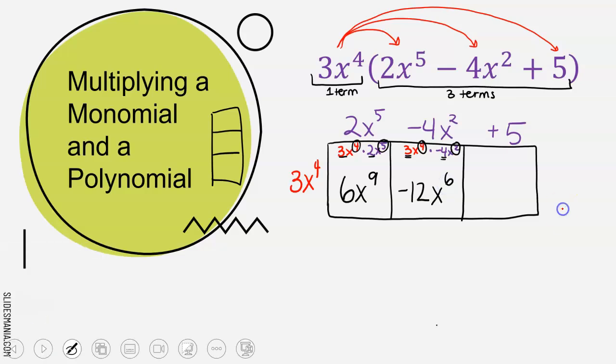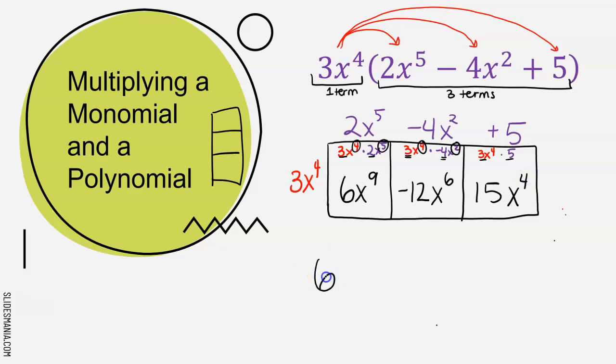In the last box, I have 3x to the fourth, and I'm going to times that with the box right above it, which is 5. I'm going to multiply my numbers, 3 times 5, which is 15, and then I just have that x to the fourth. I don't have any other exponents to add to it.